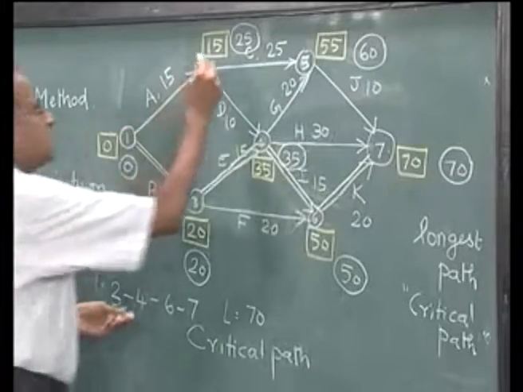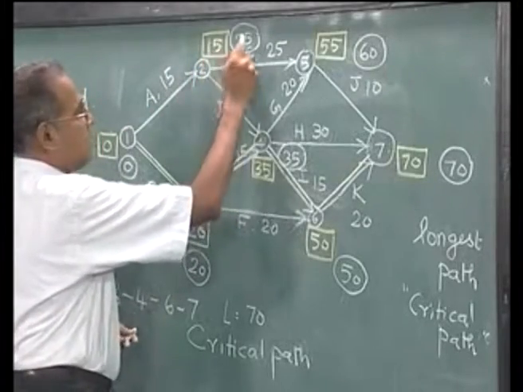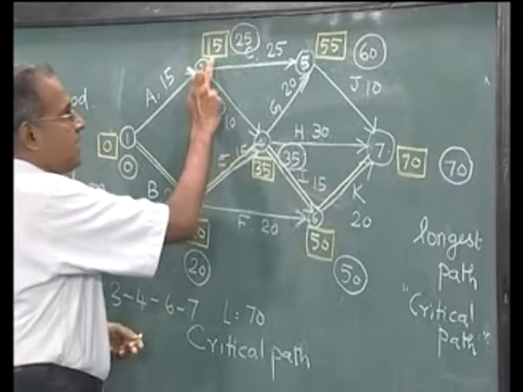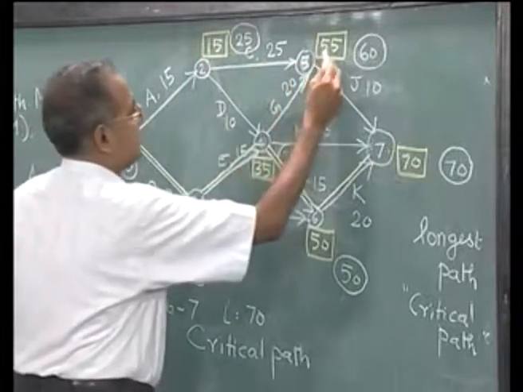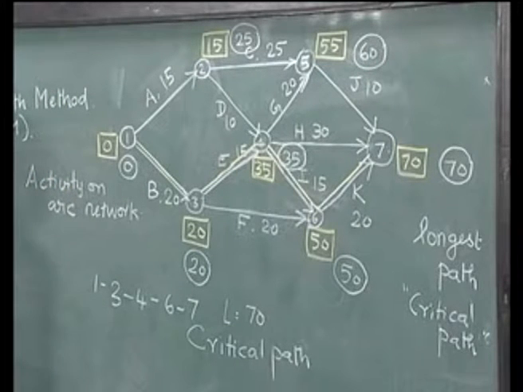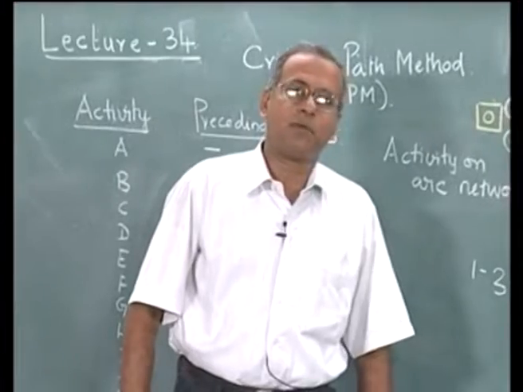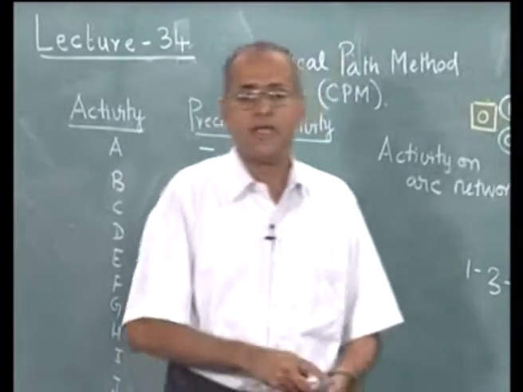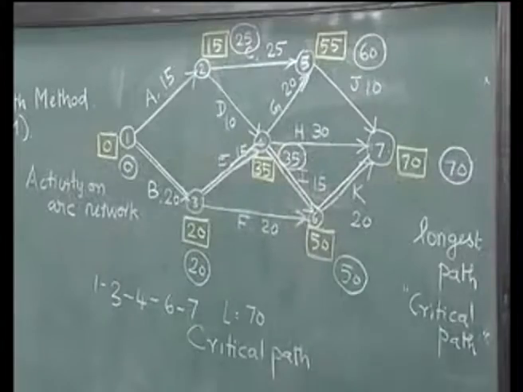What does this thing indicate? Here there is a 15 and a 25, here there is a 55 and a 60, and so on. So, there are nodes where the forward pass label and the backward pass label are different, and do they convey something? What do they convey?